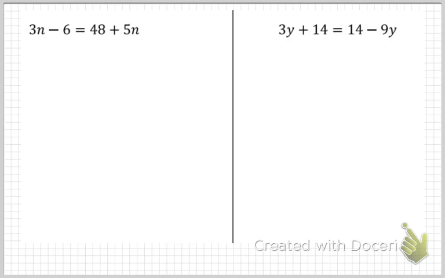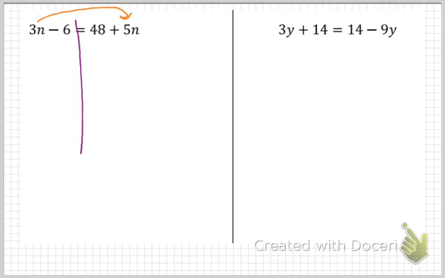Let's try another one, or a few more, I should say. Always bring down the equal sign by drawing a line. It helps keep things organized. So what we're going to do is, instead of moving this 5 over, I want to move this 3 instead. Again, it doesn't matter which term you move to which side.